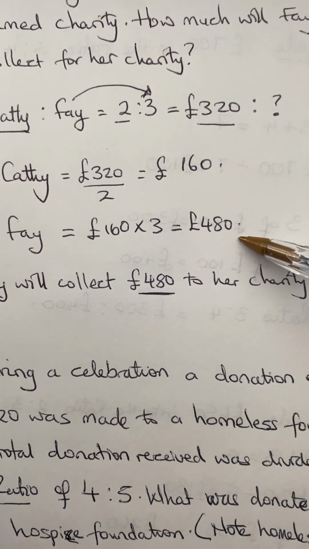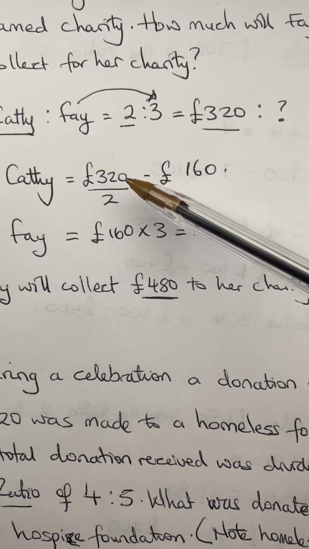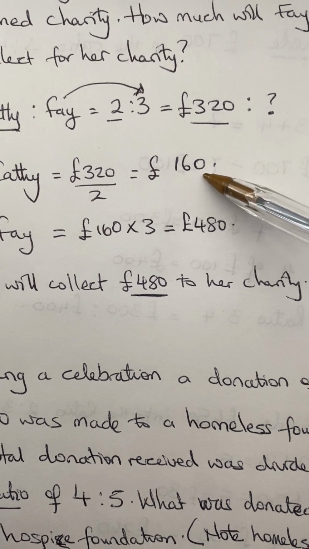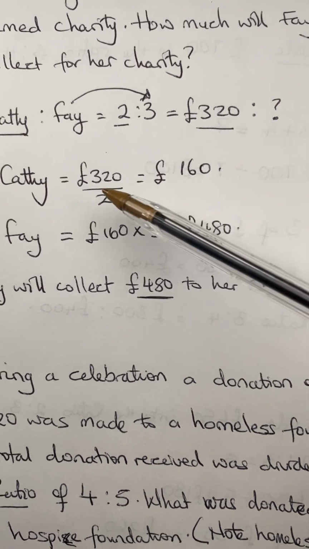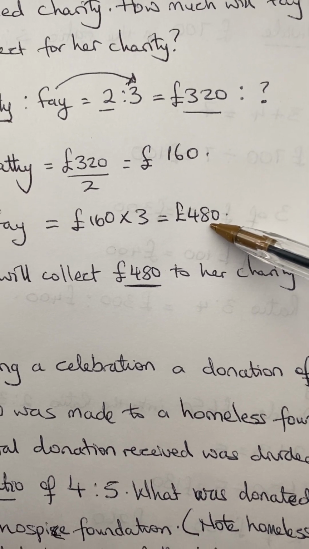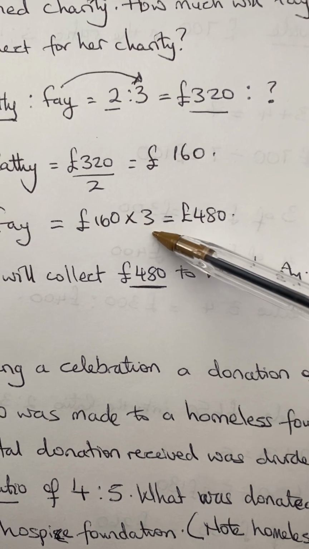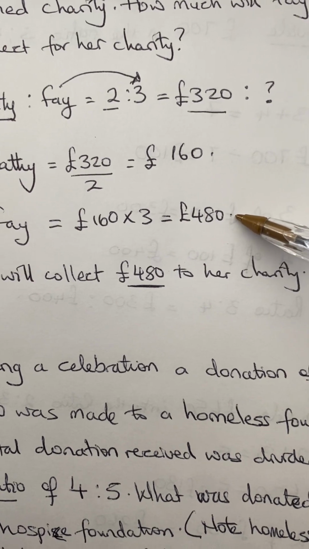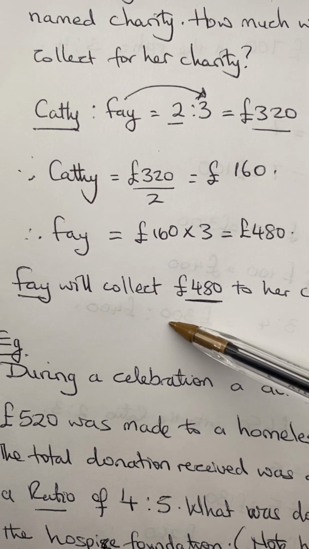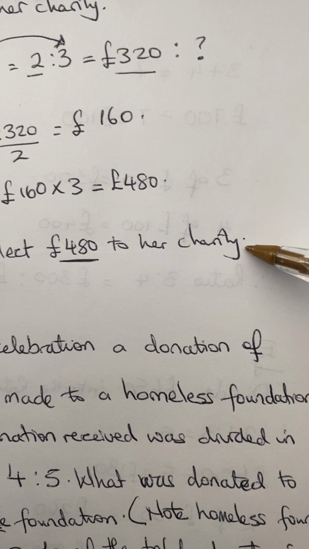Another way you can do it, if you don't have a calculator, is Kati's portion is 320, 1 portion is 160, so you add 320 to 160 and you should get 480, or you times 160 by 3, which will also give you 480. So what it means is Faye will give £480 to her charity.